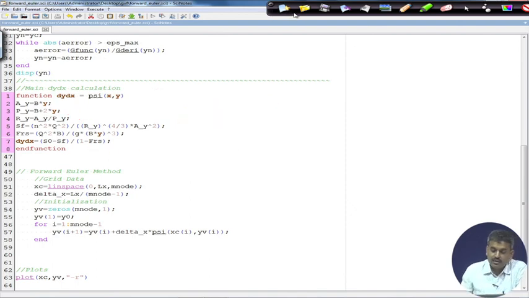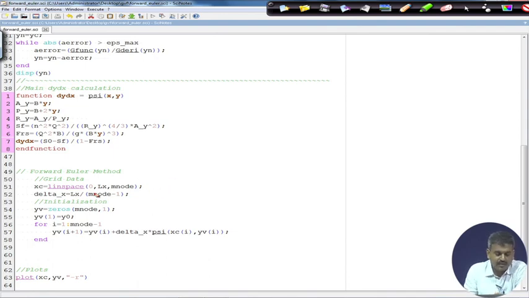Now, if we call this function, we can utilize it in the forward Euler method. In the forward Euler method, let us generate the grid points or x coordinates.